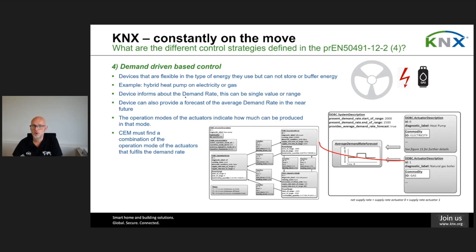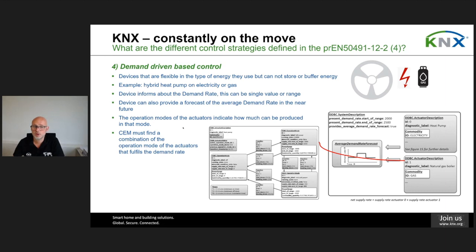So the device will inform about the demand rate. This can again be a single value or a range. The device can also provide a forecast of the average demand rate in the near future, so that the SAM can also again plan the energy management better.